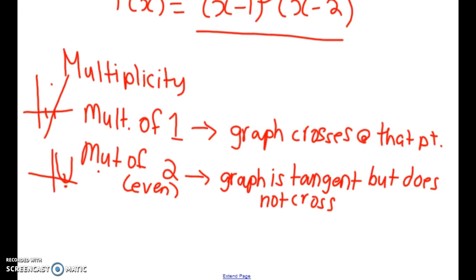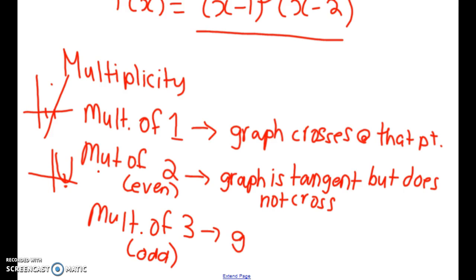And then the last one is if you have a multiplicity of 3, or odd. As long as you're not including 1 in your odd, then you're okay. It's got to be greater than 1. Odd. Then your graph is tangent and crosses at that point.